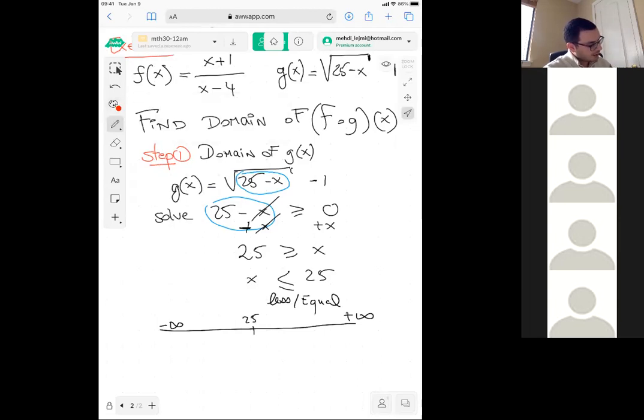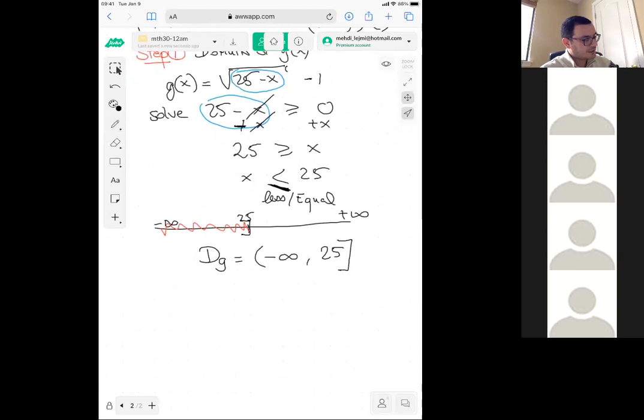So the domain of g would be, with 25 included, D subscript g, negative infinity to 25, and 25 is included, because x can be equal to 25. So that's the domain of g.